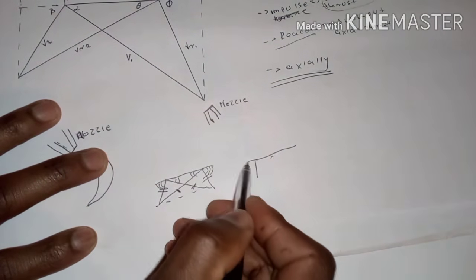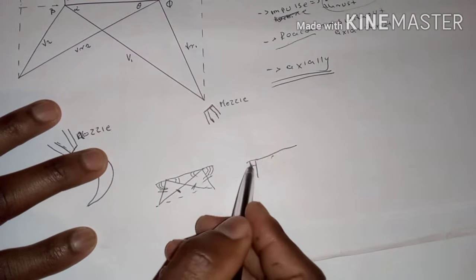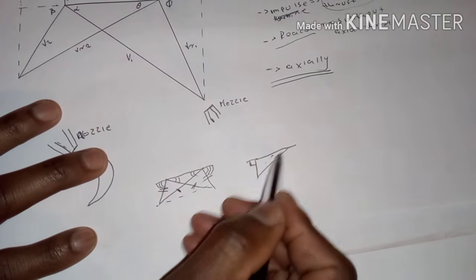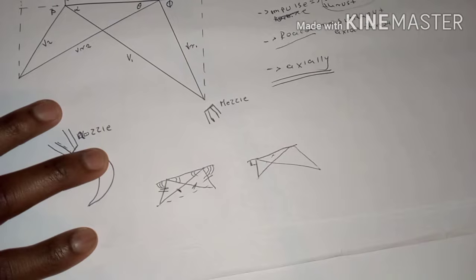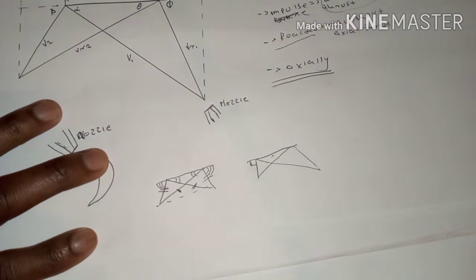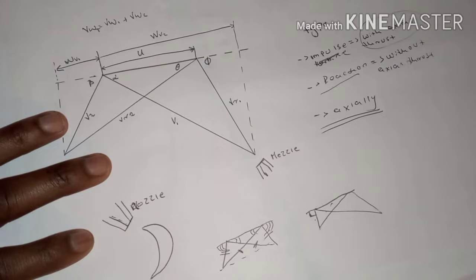Before you read anything, you must know that this angle will always be 90 degrees, which is the outlet angle of the steam. Then you can get the other things from the information they give you. This is the first step that you must consider.